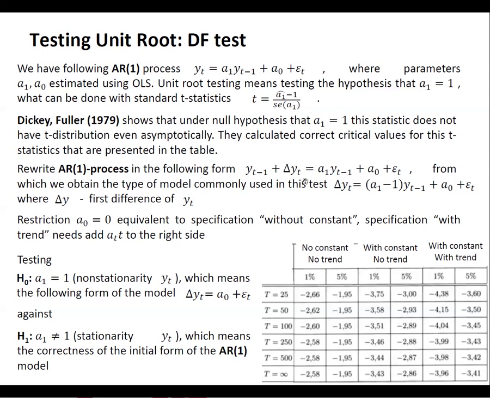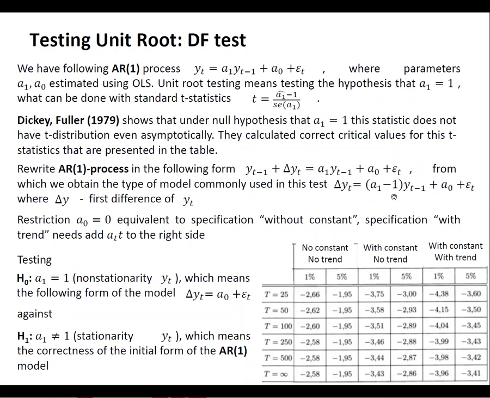That is, the first difference is (a1 minus 1) multiplied by yt minus 1 plus a0 plus epsilon t. Here we have some coefficient. Let's denote it a1 star. And if a1 equals 1, then a1 star is equal to 0.